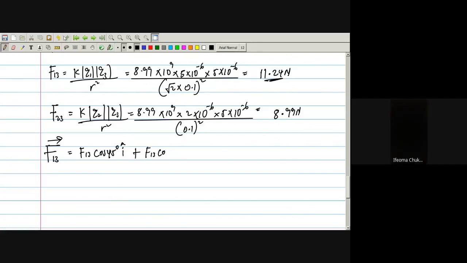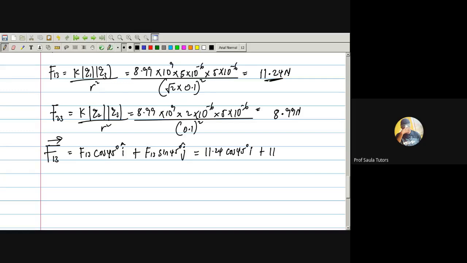Then F13 sine 45 degrees J. If I input everything I have, F13 is 11.24, so 11.24 cos 45 degrees I plus 11.24 sine 45 degrees J. So F13 in its component order is 7.95 I plus 7.95 J. Sine 45 and cos 45 are the same thing, so this is expected.